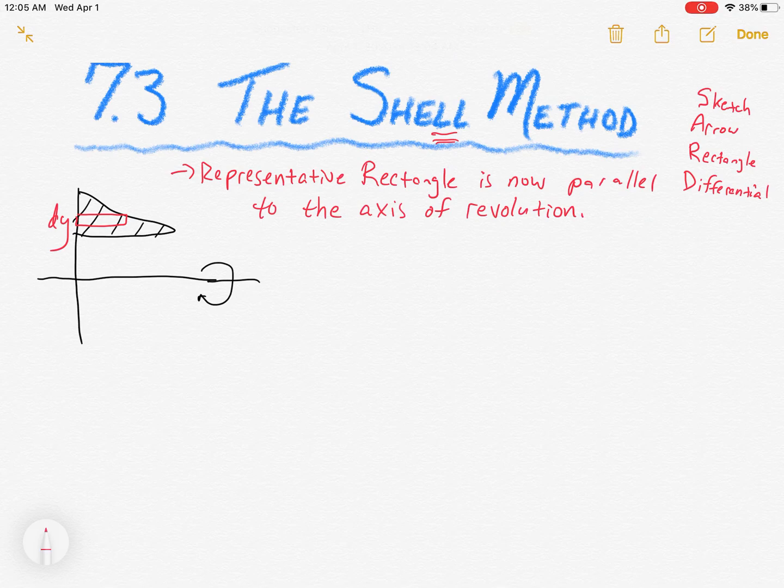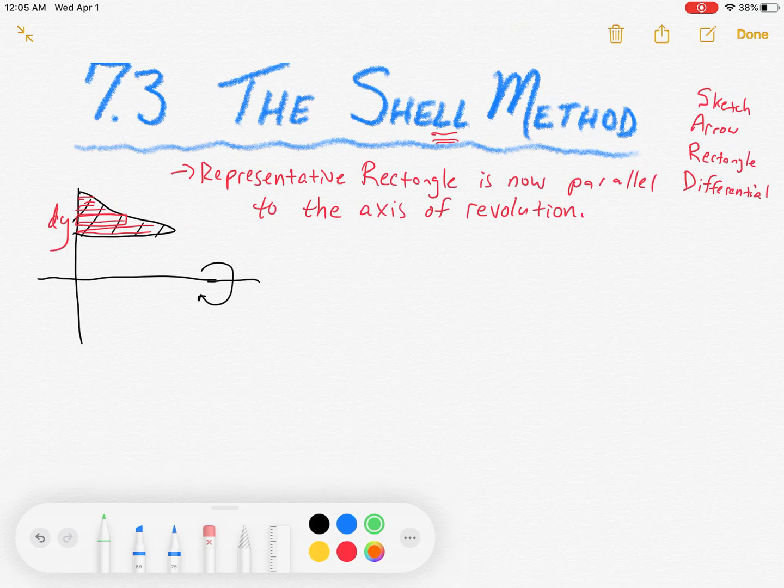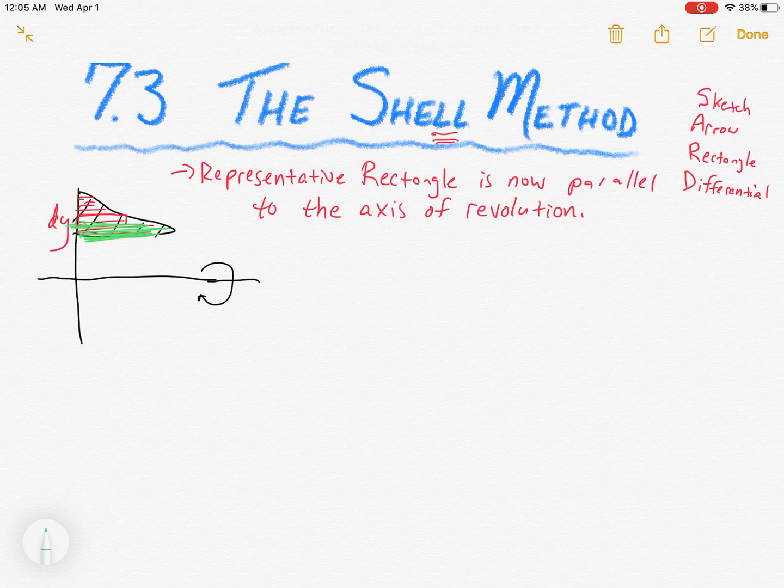If you imagine this rectangle going up the region as we do our little slices, think of 3D printing. I don't think 3D printing is done on a cylindrical axis, but maybe it is sometimes. If you were to start with the lower layer first and rotate that around the axis, and then rotate this around, and then this, and then this, you'd build it layer by layer.